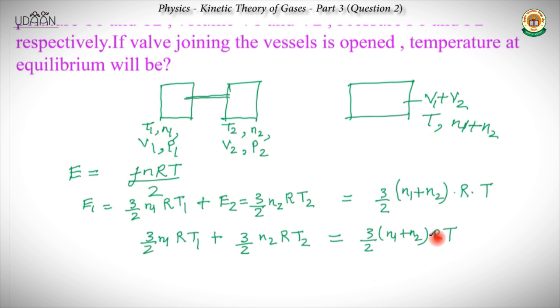So 3 by 2 and R get cancelled, and finally we have our T as a function of T1 and T2: N1 T1 plus N2 T2 divided by N1 plus N2.